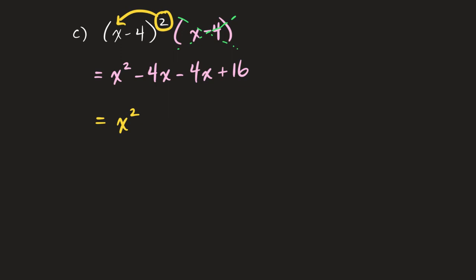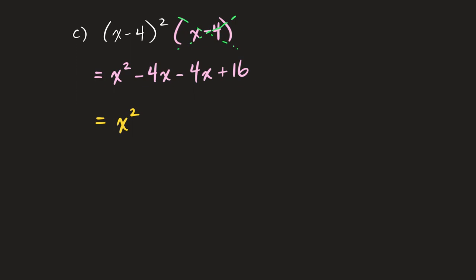Okay, I'm going to get rid of that little highlight. Now, our middle term. I want you to look at my pink terms. Can you see that when I collect that, I will have a negative 8x? I'm going to get a negative 8 of them because I'm going to have two negative 4s.